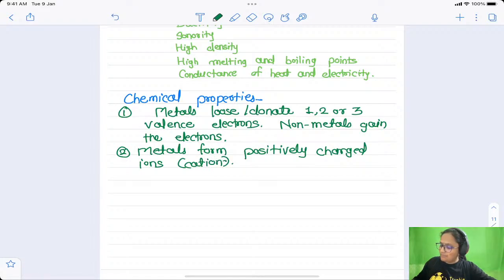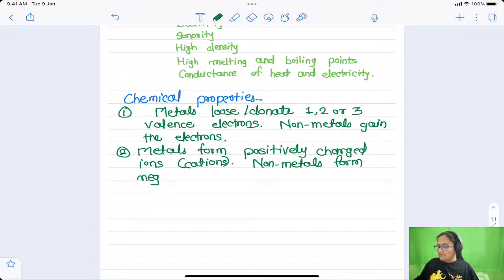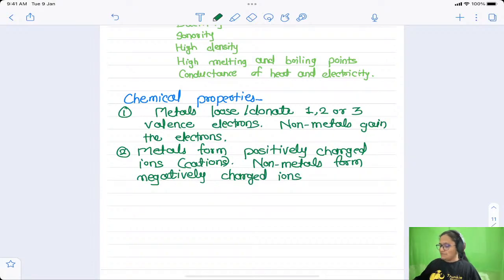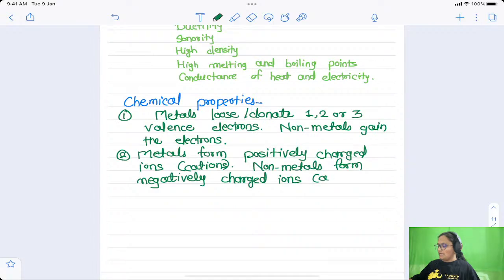Non-metals form negatively charged ions, and negatively charged ions are called anions, right?